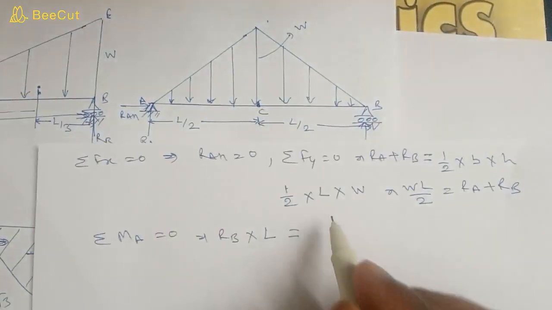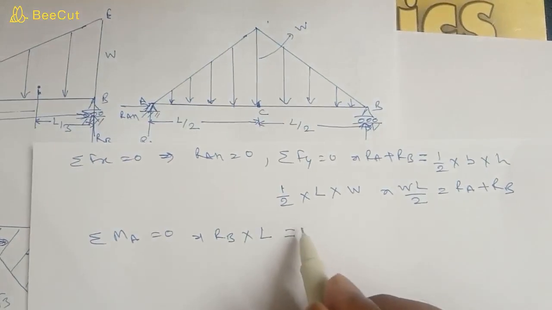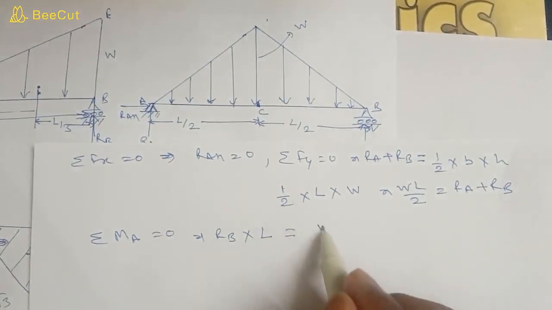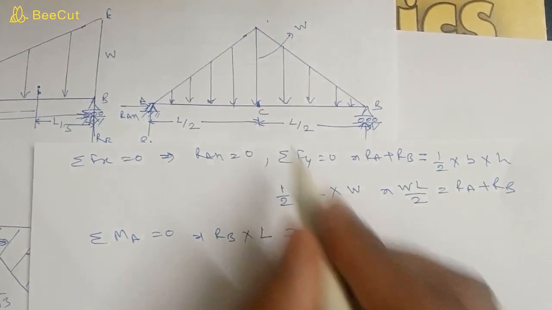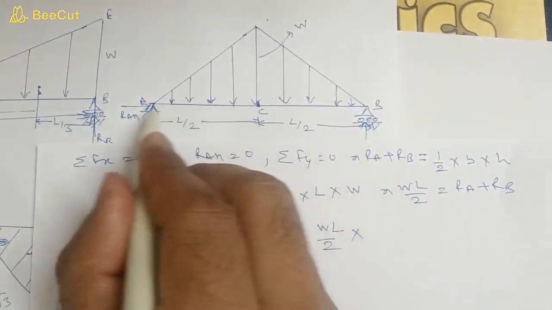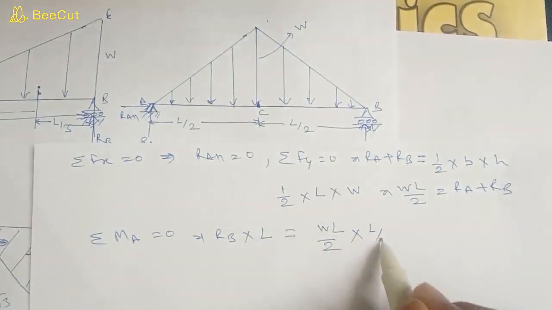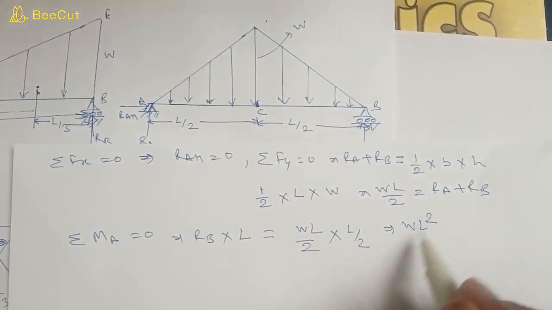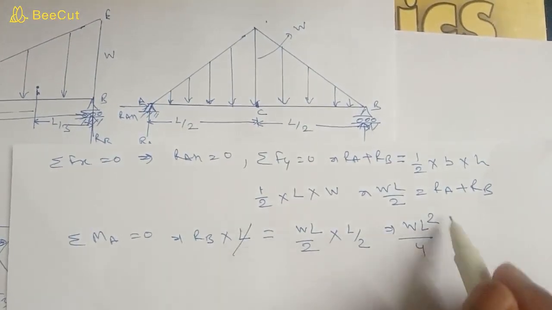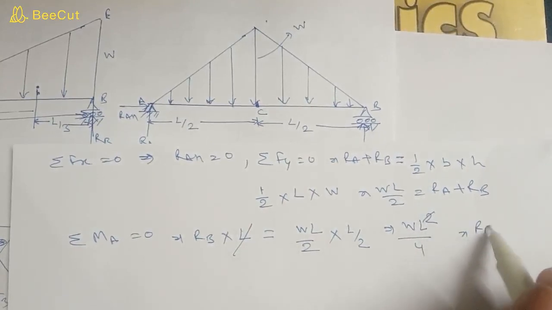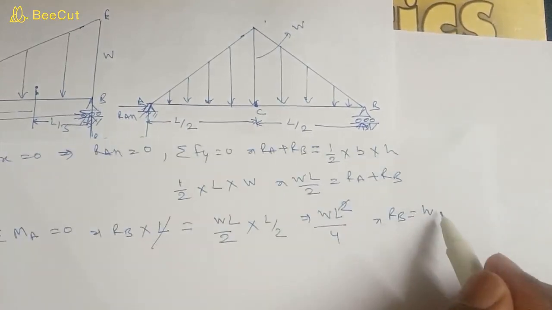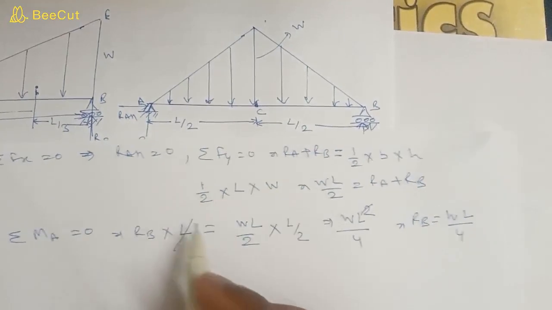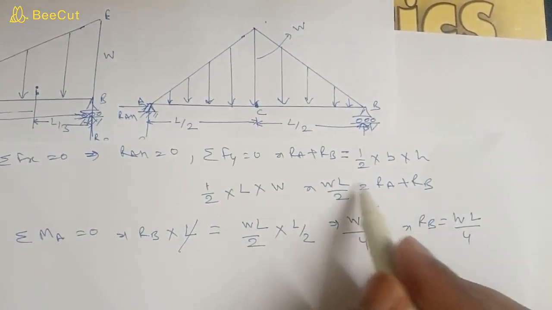So we can write here total load WL by 2 into the distance of the centroid from A. So it is L by 2. So it will become WL square by 4. So L will cancel L. So RB is equal to WL by 4.